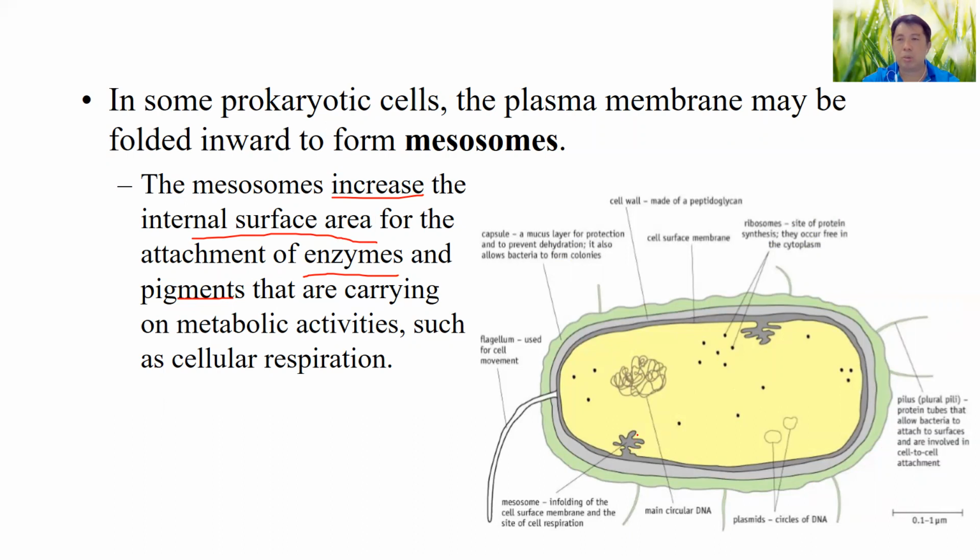Some mesosomes also contain the photosynthetic pigment called bacterial chlorophyll, for metabolic activities such as photosynthesis. So this is the function of the mesosome.